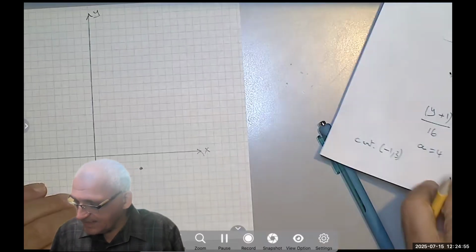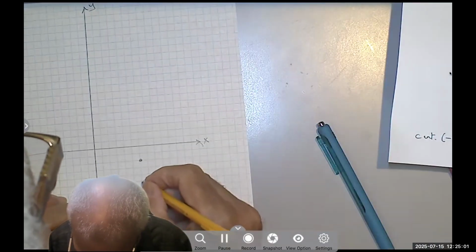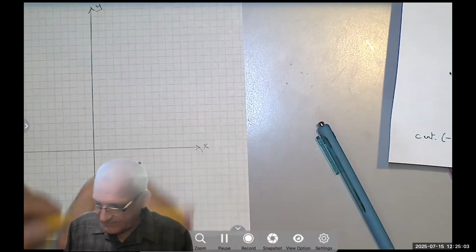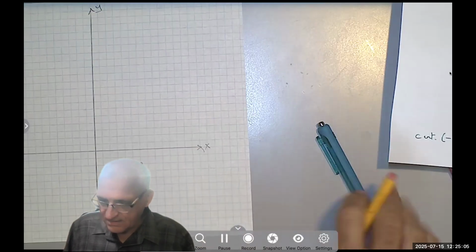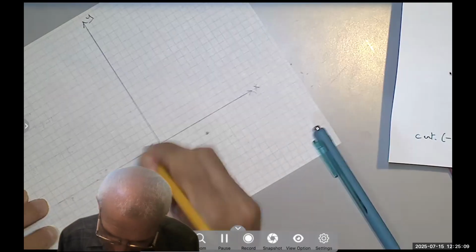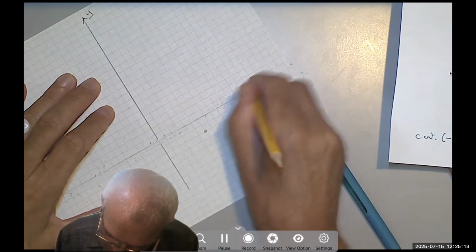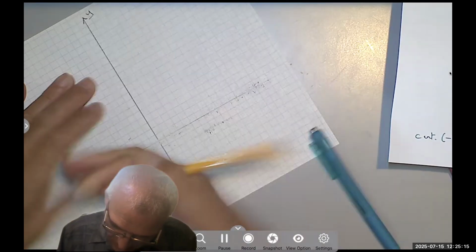A in this case is 4, so up 4 and down 4. Again, I should have drawn this line higher because it's -1, so we will plot it slightly below.